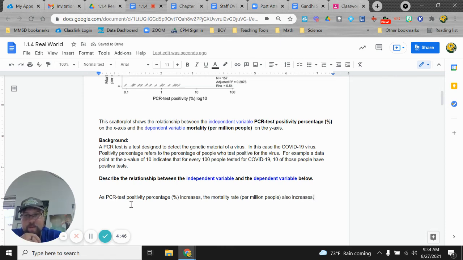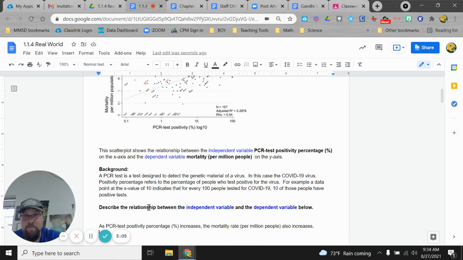I have a simple sentence that describes the relationship between the independent variable, PCR test positivity percentage, and the mortality rate or death rate per million people. When you get to that part, all you're really doing at a basic level is writing a statement that describes the relationship based on what you see.